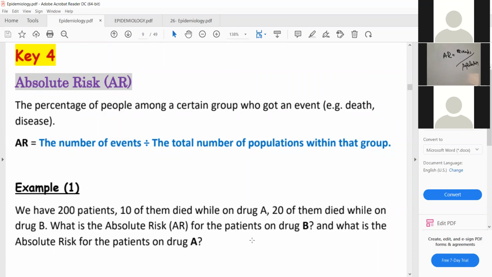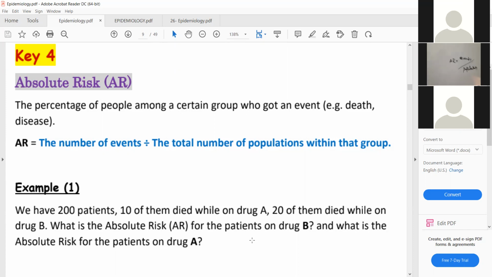Event can be an episode of an MI. It can be number of people who died. It can be anything. Number of people who had lung cancer in a specific population. It can be any event. And to calculate the absolute risk, you need to divide this number of events over the total number of population.